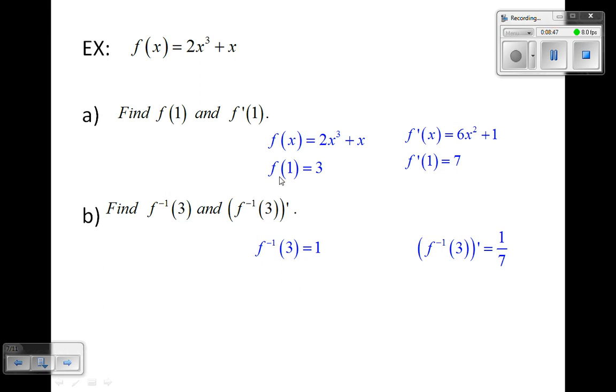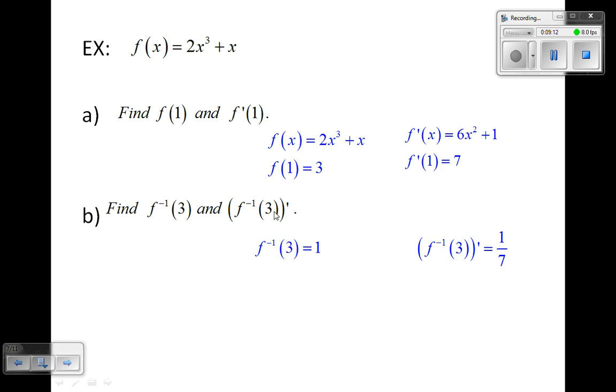Now because I've already done part A, I know that on the f function I have the point (1,3), which means when x and y trade places to get my inverse function, I have on the inverse function the point (3,1). So here I'm supposed to recognize from part A that since I'm switching the x and y coordinates, that this must equal 1.